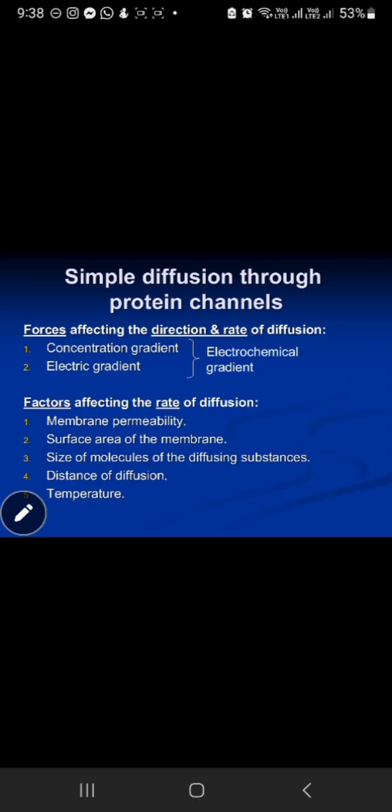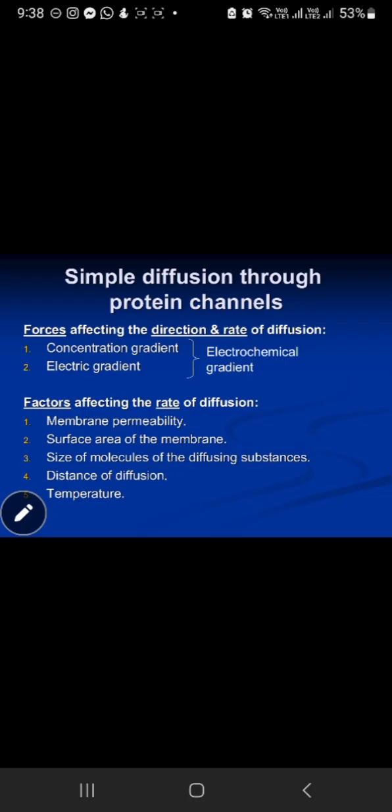The membrane permeability is the ability, or the percent of the membrane, that is able to permeate substances. So if the membrane has many protein channels, it is a highly permeable membrane, as many substances pass through it. But if the membrane is less permeable, the rate of diffusion will be less.